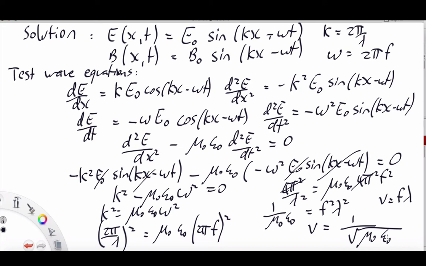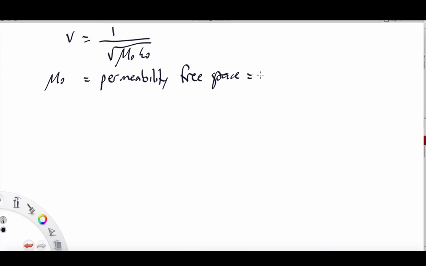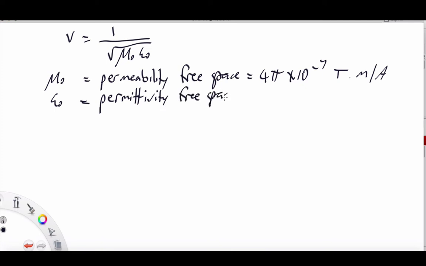Let's put in some values for this. So if v equals 1 over the square root of μ₀ε₀, we remember that μ₀ is the permeability of free space, and that is 4π × 10⁻⁷ teslas times meters per ampere, and ε₀ is the permittivity of free space, the electric permittivity, and that, thinking back even further, was 8.85 × 10⁻¹² coulombs squared per newton meter squared.